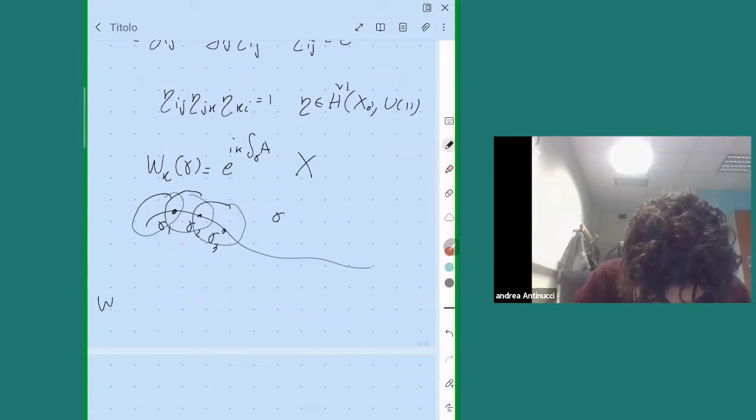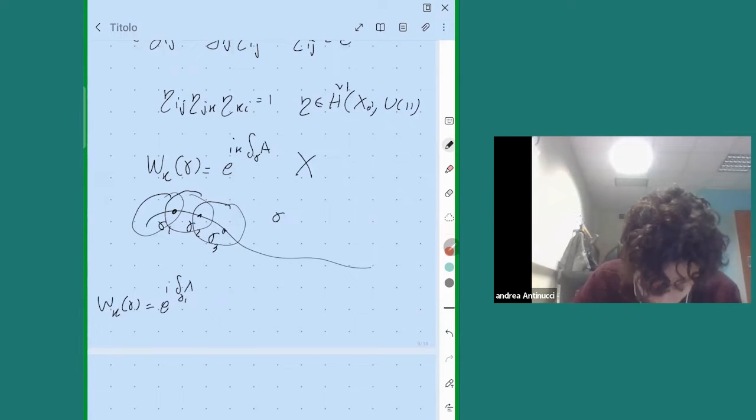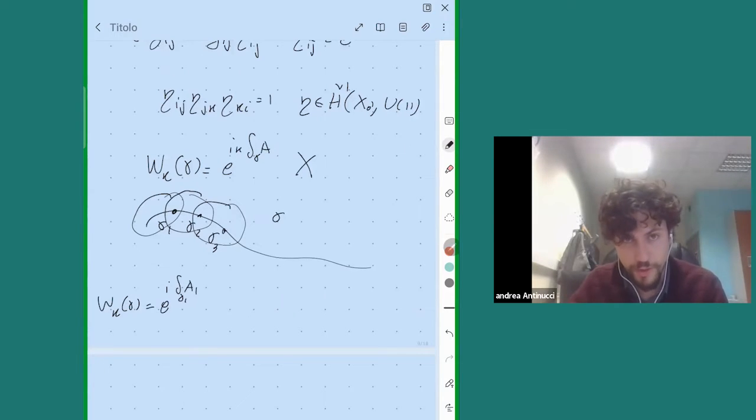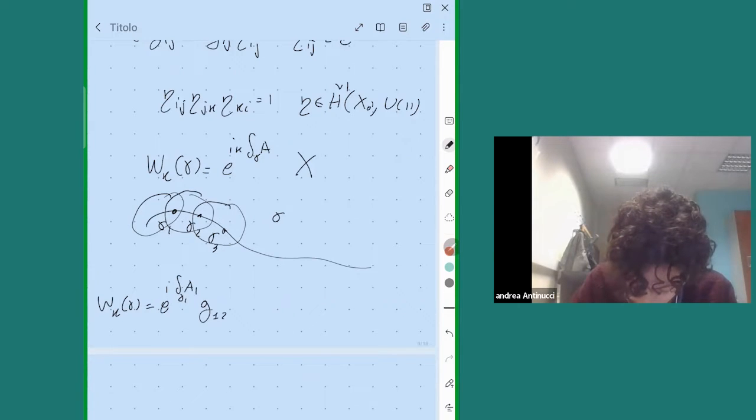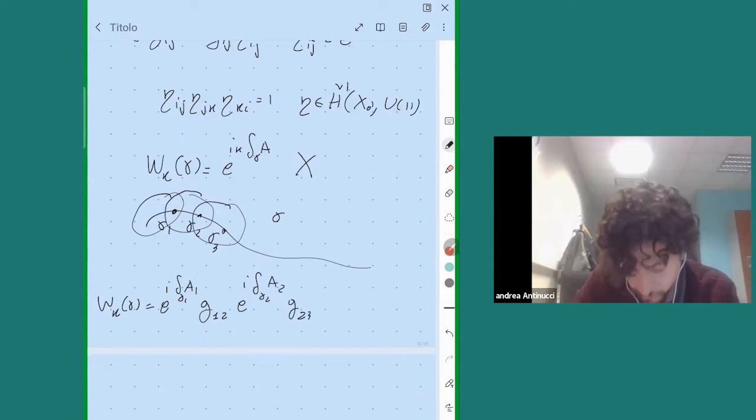And so what you can write is the following: you integrate A on the first arc, but then when you go to the second one, you have to insert a transition function, and you continue this way until you close it.